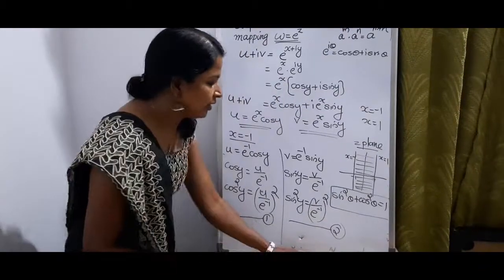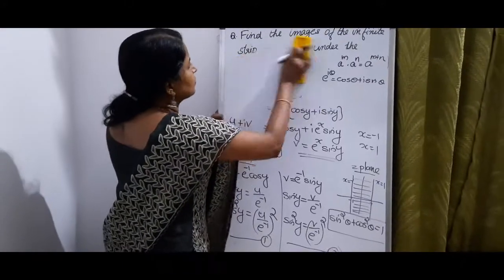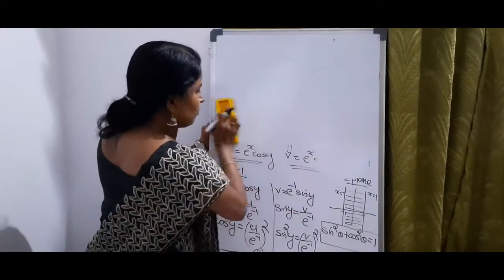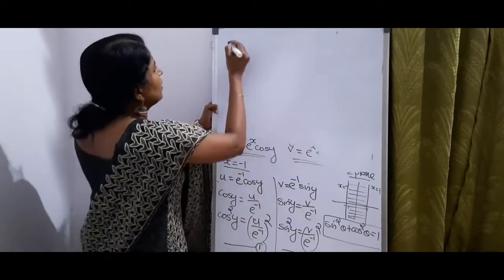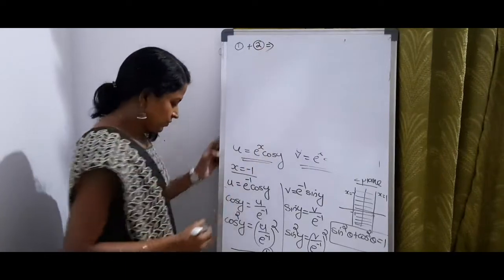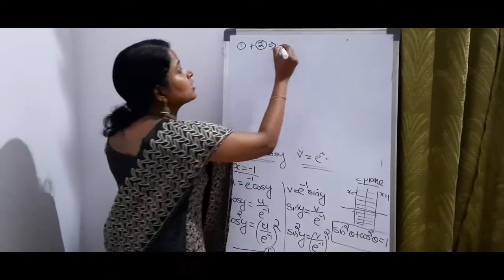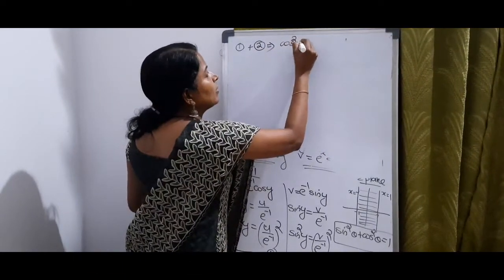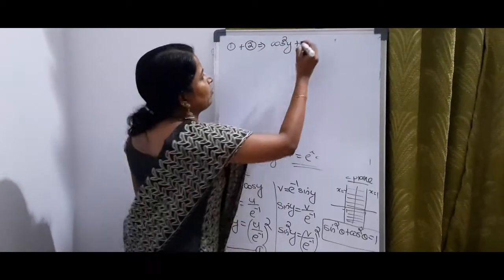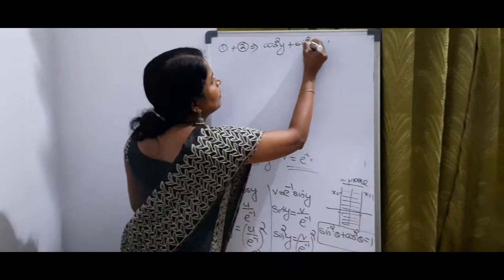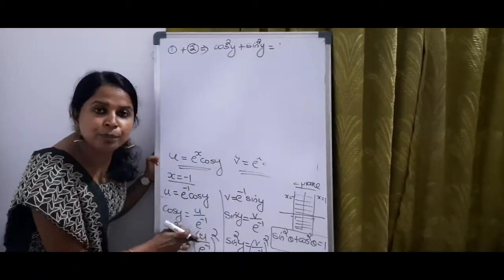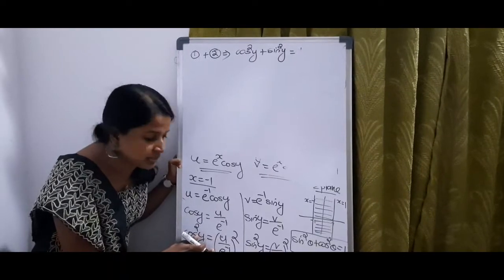Then adding equation 1 and equation 2, the left side becomes cos²y + sin²y, equal to u² / (e^(-1))² + v² / (e^(-1))².